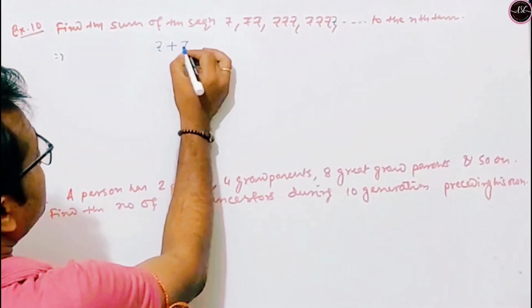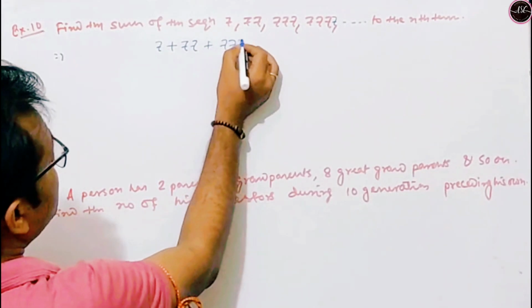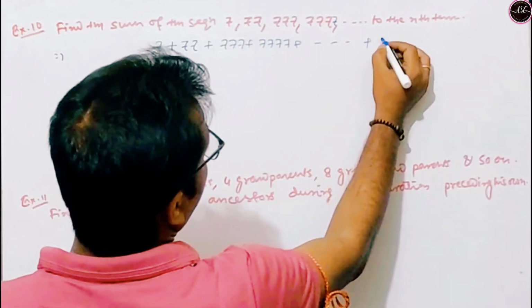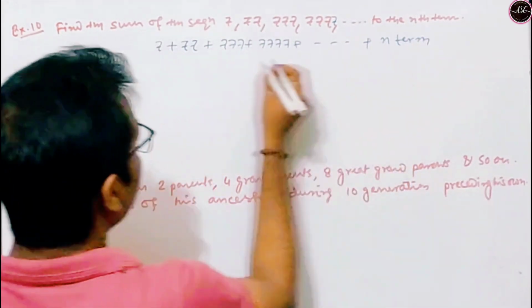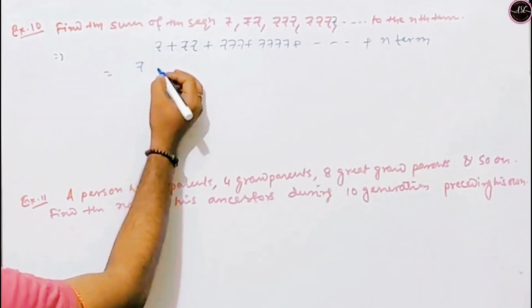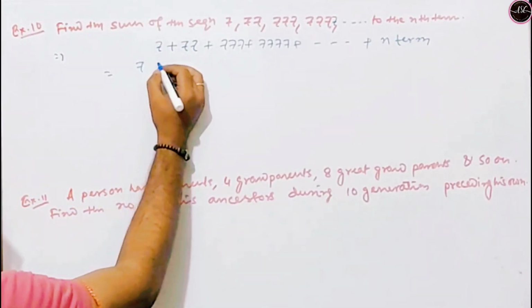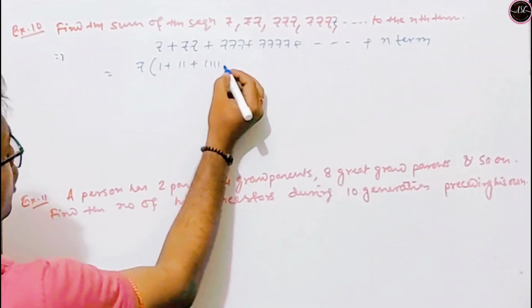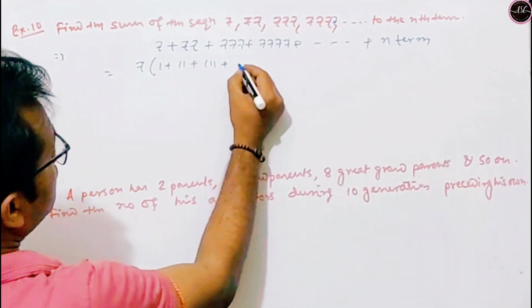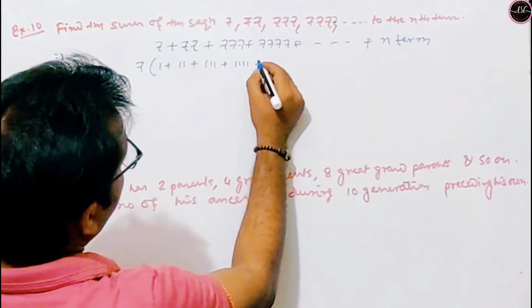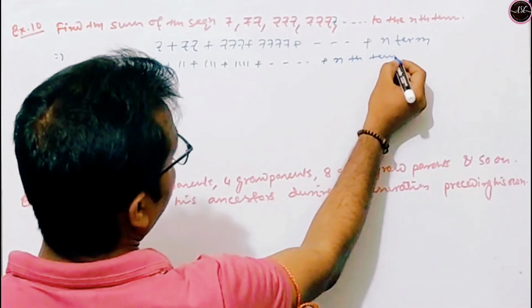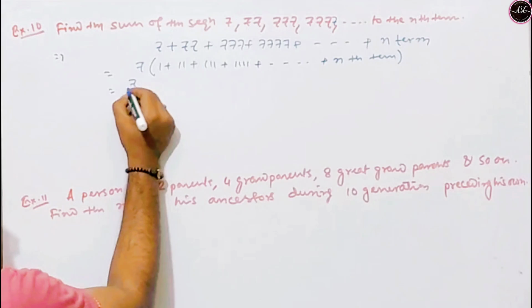Here we can write this as 7 plus 77 plus 777 plus 7777 plus dot dot dot up to n terms. Okay. So if we take 7 common from here, there will be 1 plus 11 plus 111 plus 1111 plus dot dot dot up to nth term. Now just multiply and divide by 9.